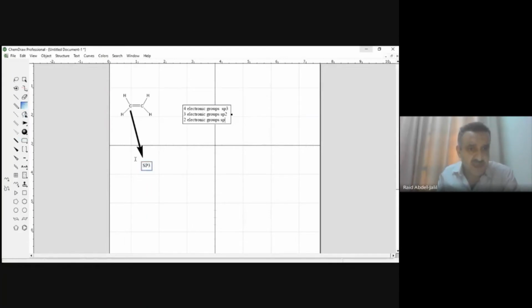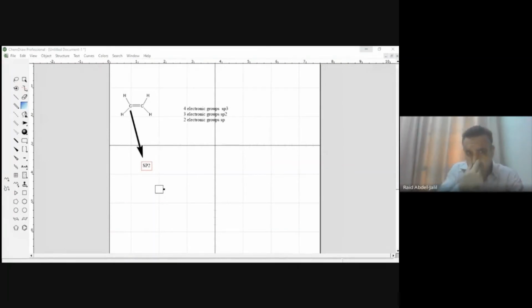The hybridization of the carbon is supposed to be sp2, not sp3, because the carbon is surrounded only by 3 electronic groups. Is that clear? So it's all about the number of electronic groups surrounding a carbon atom.